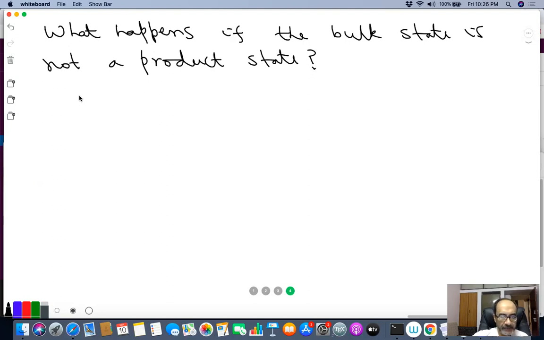So let's take the bulk state to be F_AB, A times B. And let's see what it maps to.